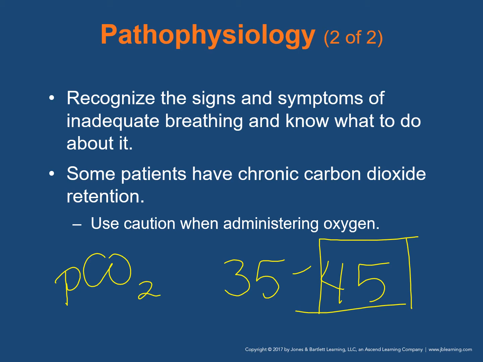So if we give high flow oxygen to an end-stage chronic COPDer, we might stop them breathing because their body's like, oh, we have enough oxygen, I don't need to breathe, we're good. Well, we kind of all need to breathe.